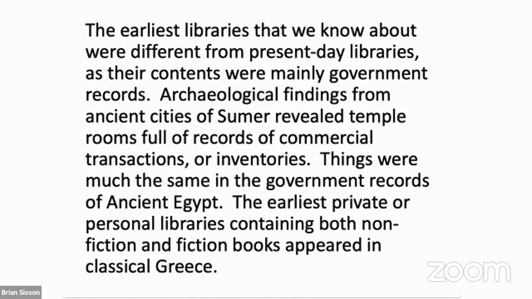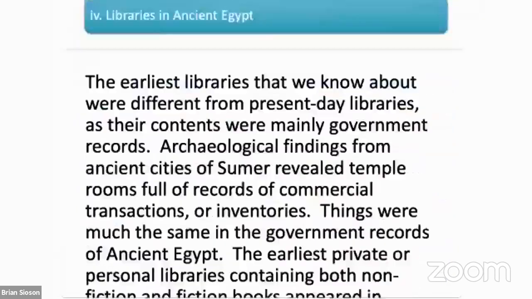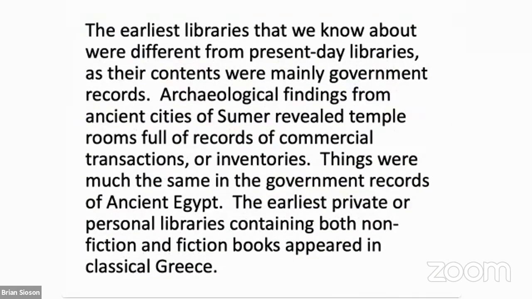Do we have, for example, someone who leads the library here or takes charge of the obligations and duties in the library? I don't really think there is anything about that. So perhaps one is automatically eliminated. So I'm helping you out in figuring out the correct response. 2, the history of libraries. Do we have a history here of libraries? Yes, we do.